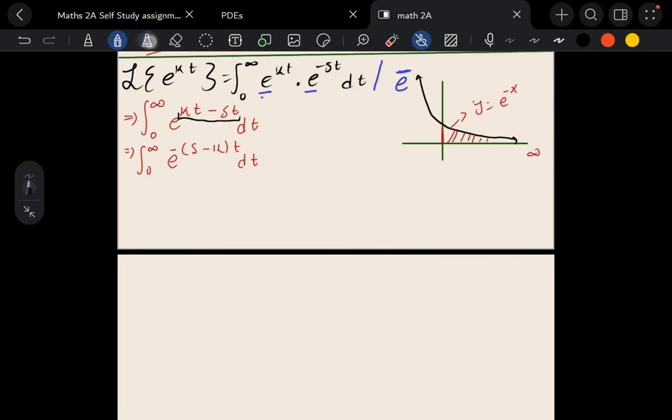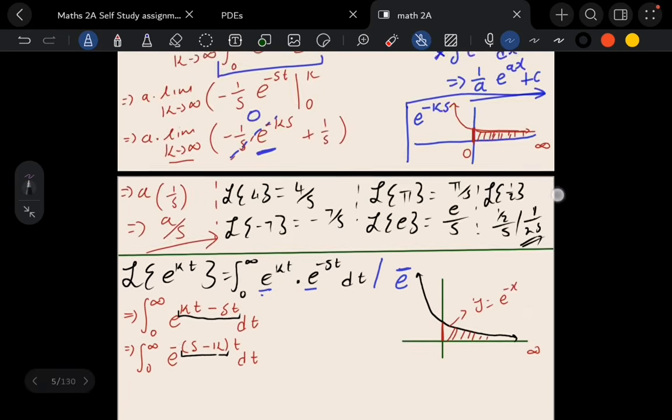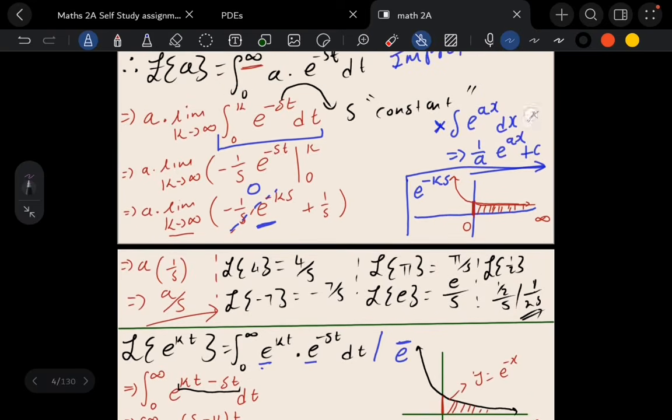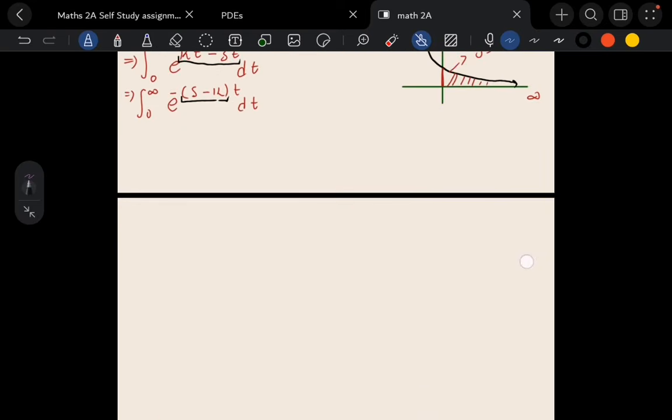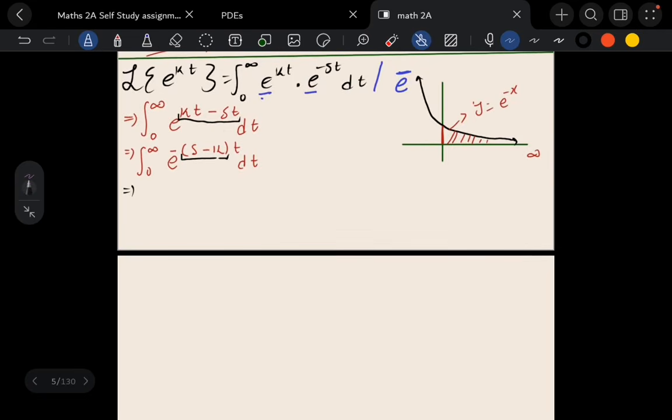Right. So another thing that you need to notice is that s minus k is a constant. We need to use this theorem here to integrate that. So how will we use the theorem? Now we need to integrate.